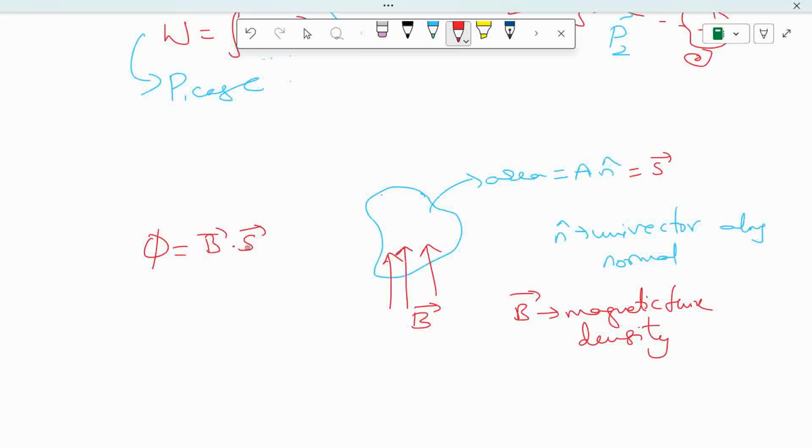So this is what we do for calculating flux. This is the first case, and for the second case I am writing another formula.